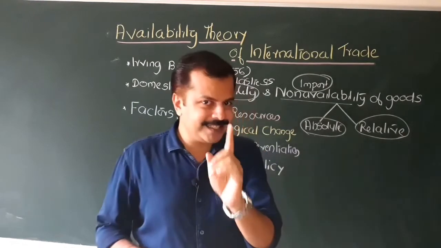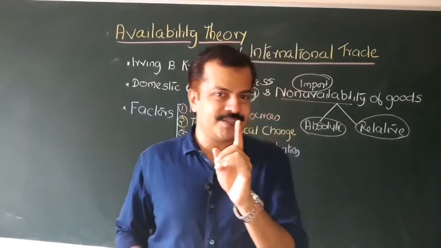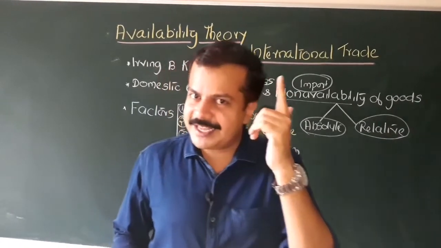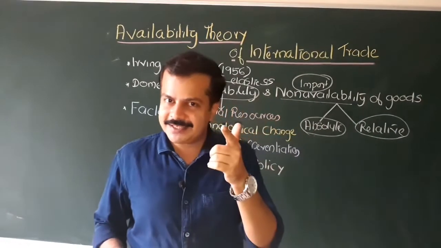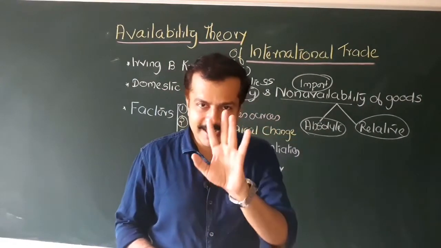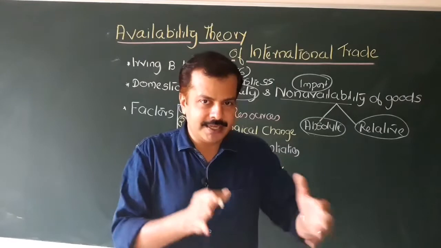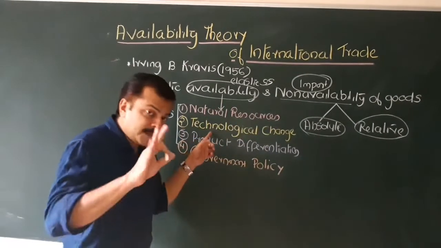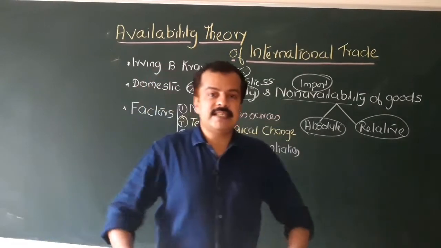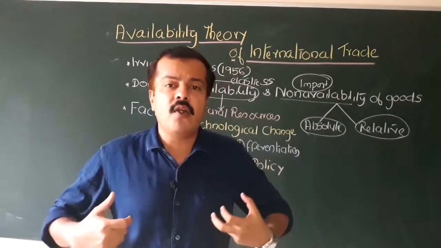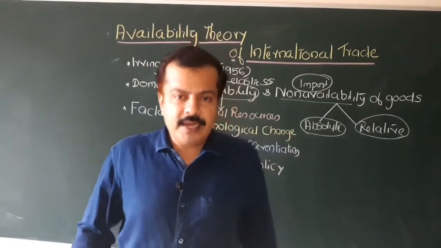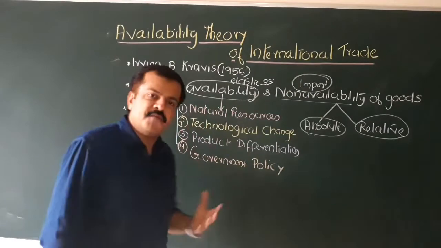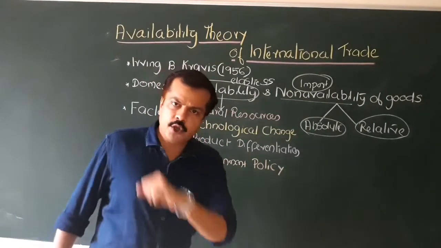We have already seen two theories of international trade based on technological differences. Hope you remember our technological gap theory, imitation lag hypothesis, and product cycle theory. We had a video and a detailed discussion on how technology influences the pattern of trade. Now, Kravis pointed out that technological change, or what he called technological progress, will crucially influence the availability of resources. We are talking about different factors that influence availability, don't we?